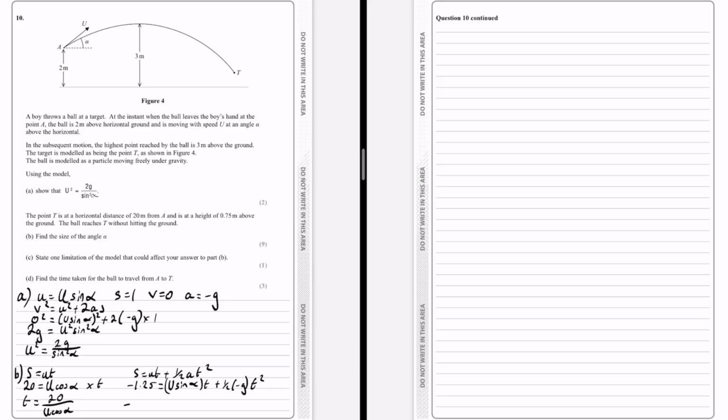Then we can substitute our value of t, 20 over u cos alpha, that we got from the horizontal motion. So all I'm doing now is rewriting our equation, but instead of t, we've got 20 over u cos alpha. And instead of t squared, we've got 20 over u cos alpha all squared.